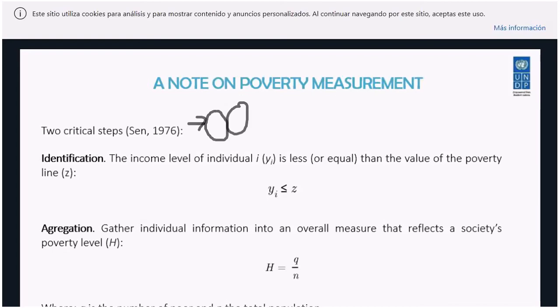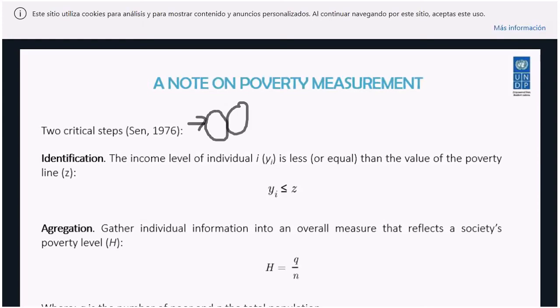So the very basic poverty line, which is the extreme poverty line in terms of income, is that line that is composed of the market price of some specific foods, right?